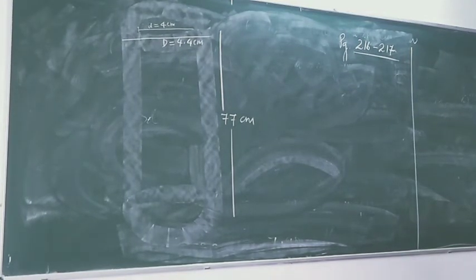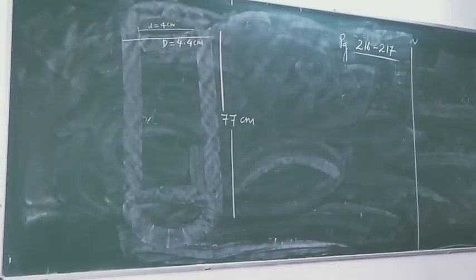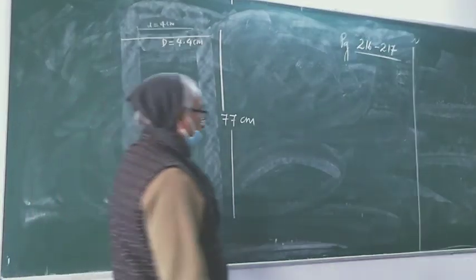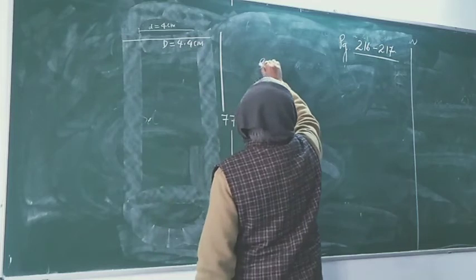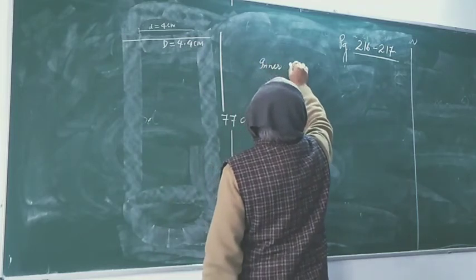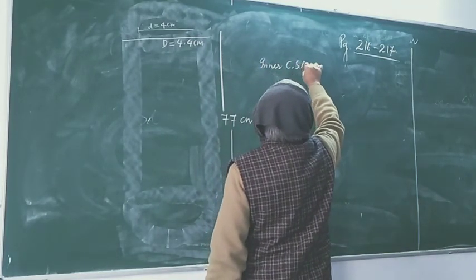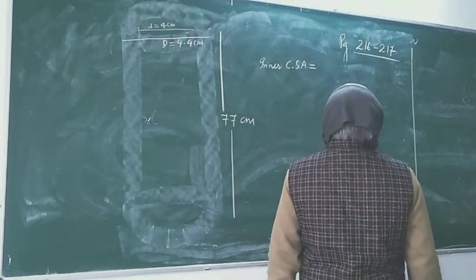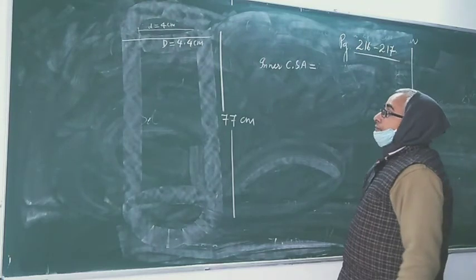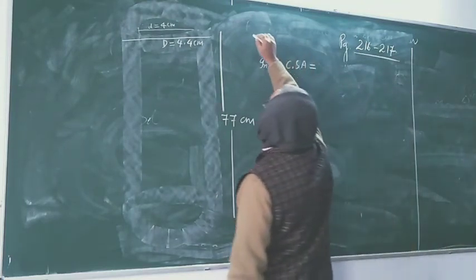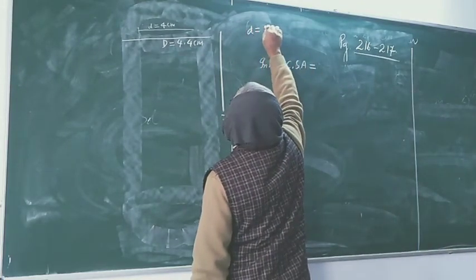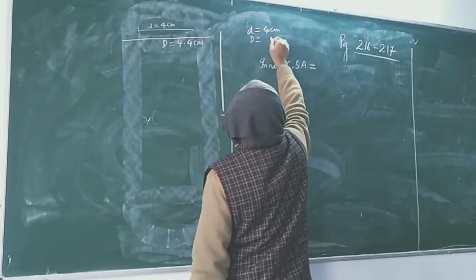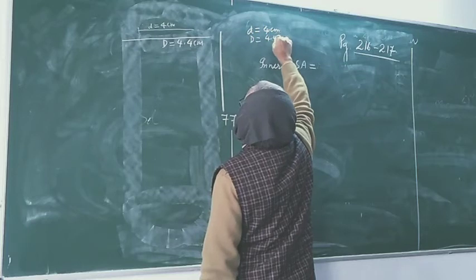Now we have to find out the inner curved surface area. CSA equals, how can we find out? 2 pi r h. Small d is given 4 centimeter, capital D is given 4.4 centimeter.